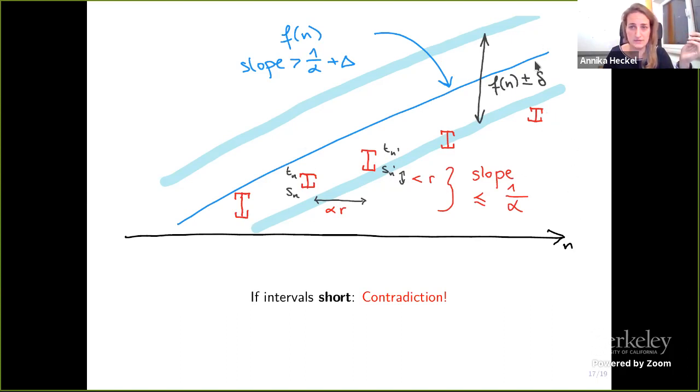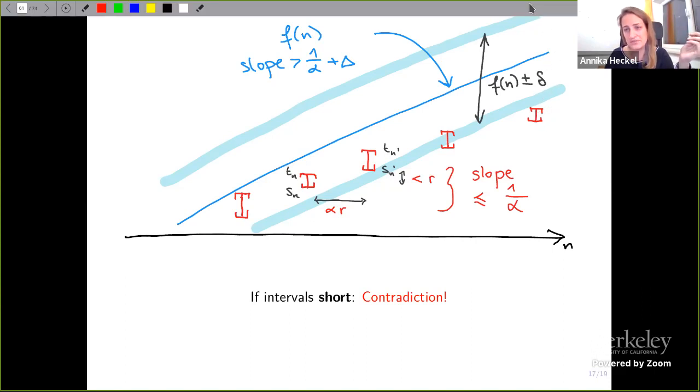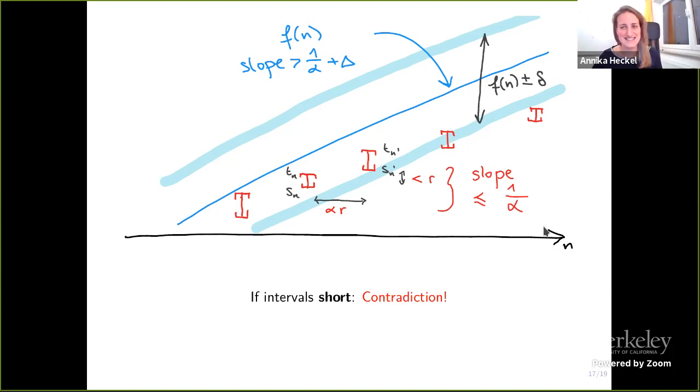Here we'd have the contradiction: the chromatic number would have to be in this interval, and also here. So from those two ingredients you get a contradiction. You know there has to be at least one interval, but you don't know which one. You just know that if they are all short, you get a contradiction, so one of them has to be long.